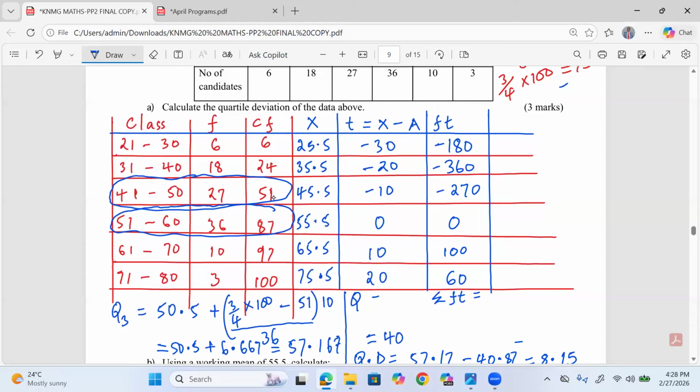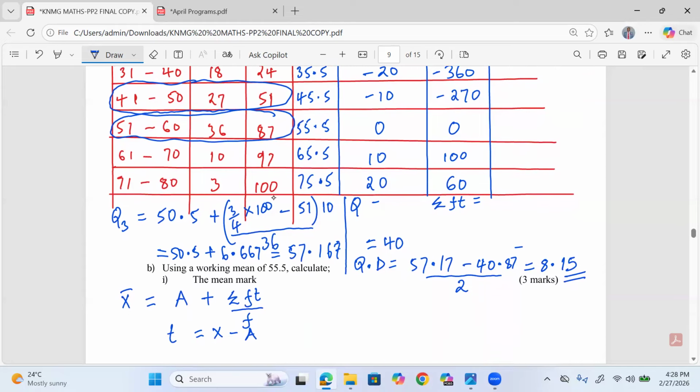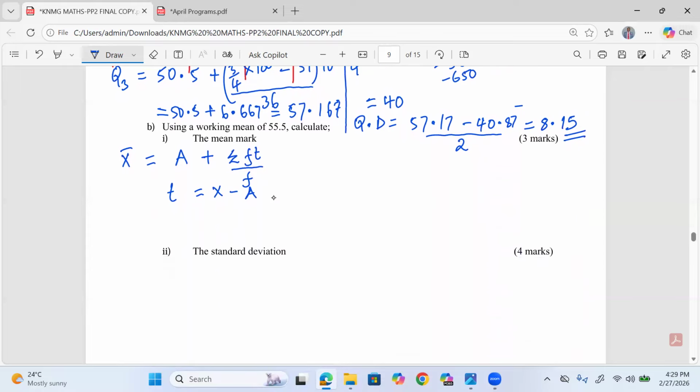I'm getting negative 650. So for the actual mean, we need to talk about 55.5, and we add negative 650 out of 100. So 55.5, we are adding negative 6.5.